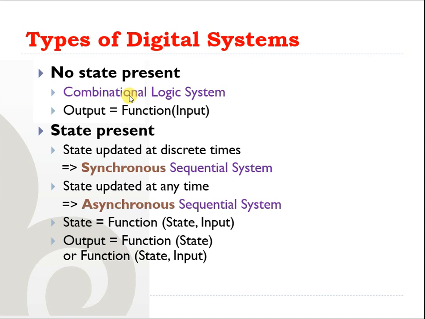They don't remember what has happened in the past, and we will start with this kind of digital systems because they are simpler. And then we have the sequential systems. And for the sequential systems, we have the synchronous sequential systems and asynchronous sequential systems. Later, we will go into details of analyzing and designing all these different kinds of digital systems.